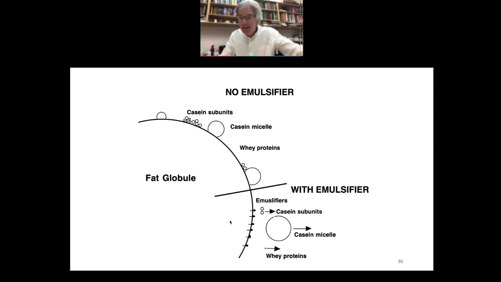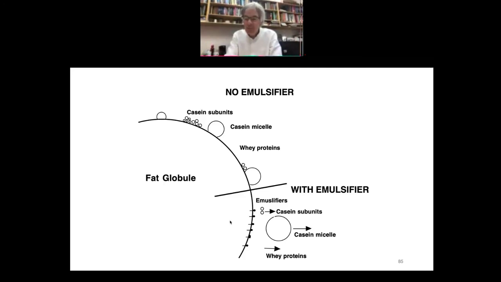And again, relating back to what I said in the first half of the lecture, we can think of fat globules from the point of view of the aqueous phase as just a big protein ball. So if there are these two large protein balls that collide off each other, there's nothing that causes them to stick because the outside surface is stabilized sterically by quite a thick layer of protein.